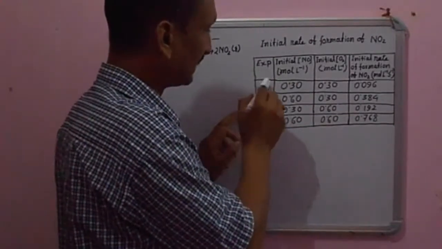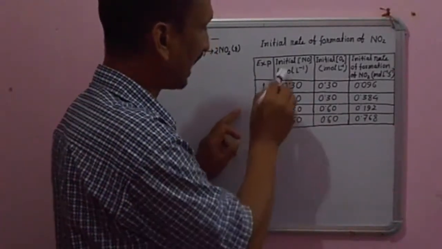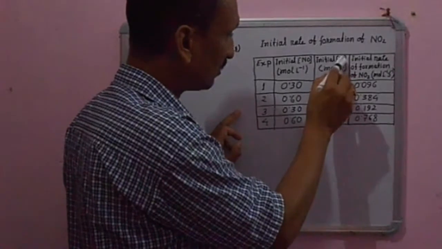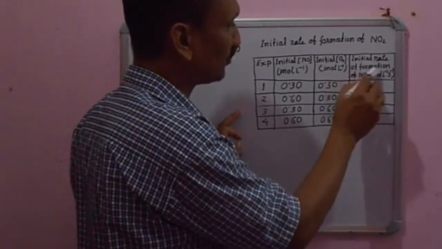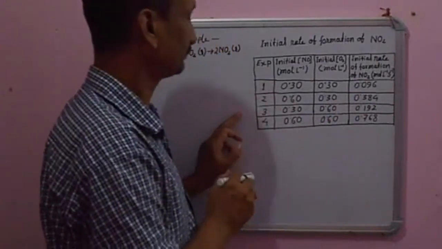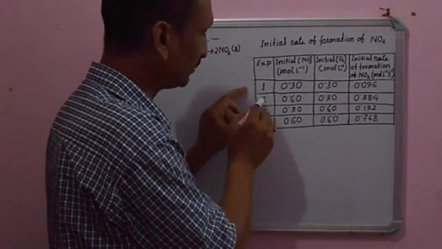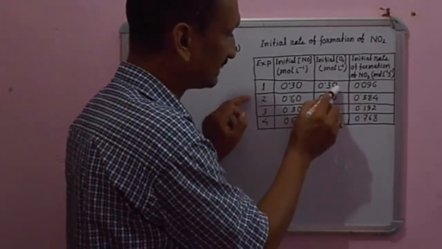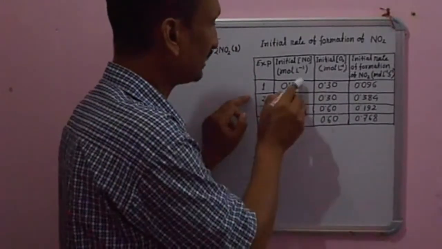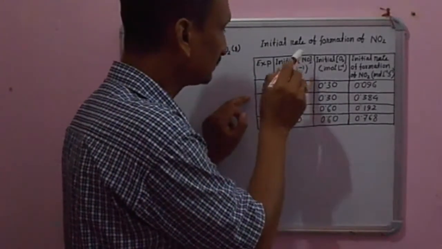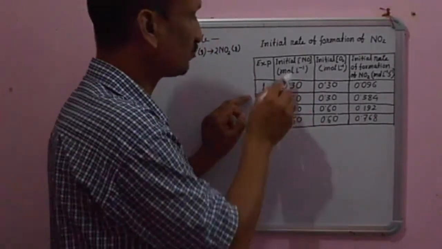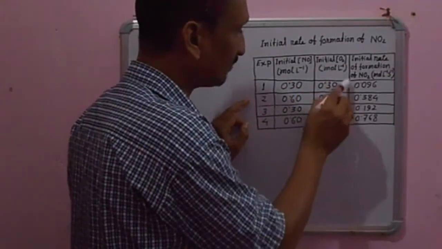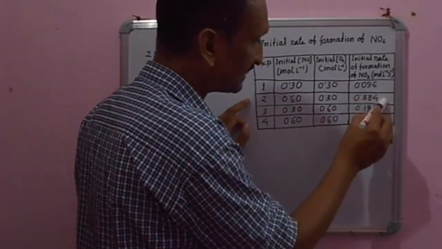So these are the experiments 1, 2, 3, 4, and this is the initial concentration of nitric oxide that is given, initial concentration of oxygen that is given here, and initial rate of formation of nitrogen dioxide that is given here. Now if you compare experiment 1 and 2, you see the concentration of oxygen is kept constant, while the concentration of nitric oxide is doubled. While the concentration of nitric oxide is doubled and oxygen is kept constant, the rate increases 4 times.